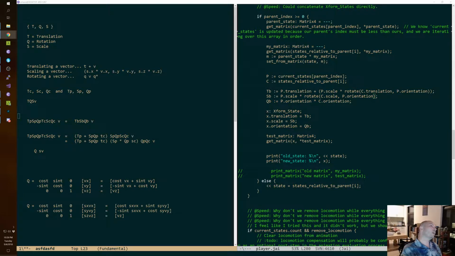Once you rotate a scale, it's not aligned with your coordinate system anymore, so you can't do it in 3 numbers. That makes sense to me.